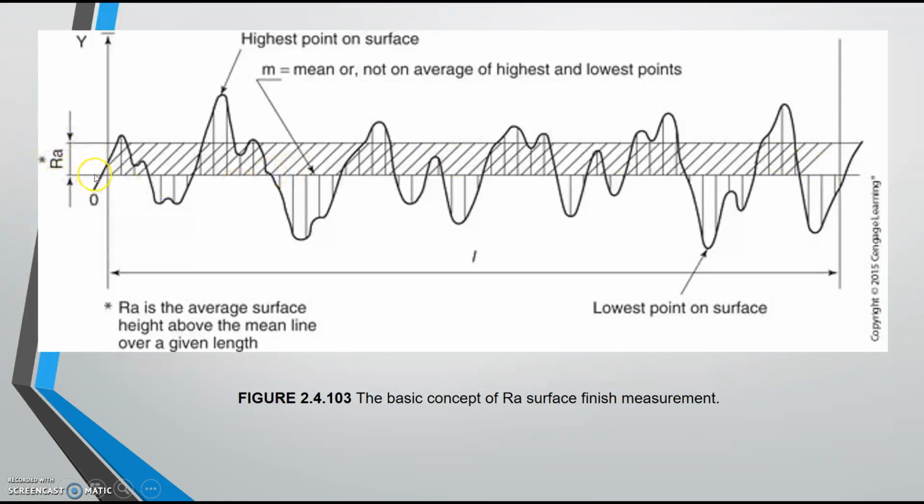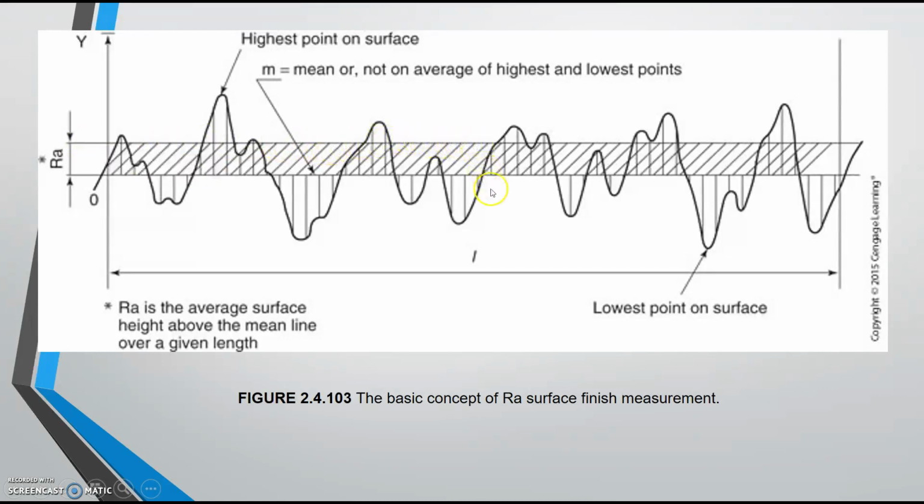RA is going to be the distance from the average, or 0, our x-axis, to, well, this is going to be something a little different. What we're going to do here is not only add up the positives and the negatives, but instead we're going to add up the absolute value of all these individual variations from 0. And then we're going to take the average of those results. In doing so, we now have a new line.